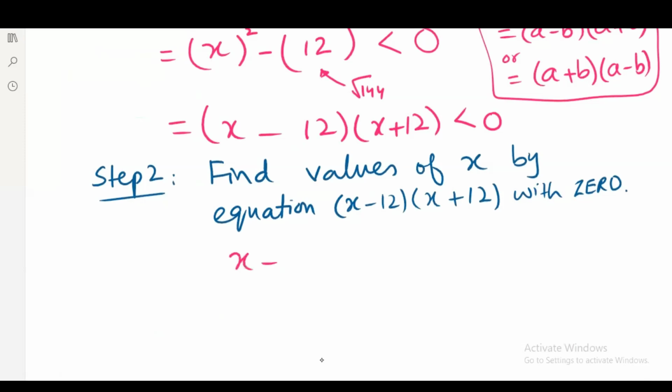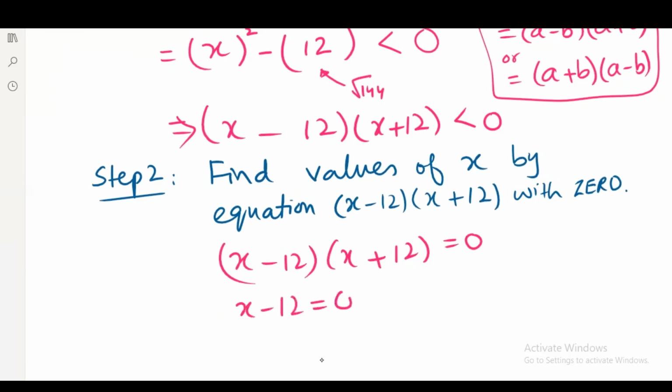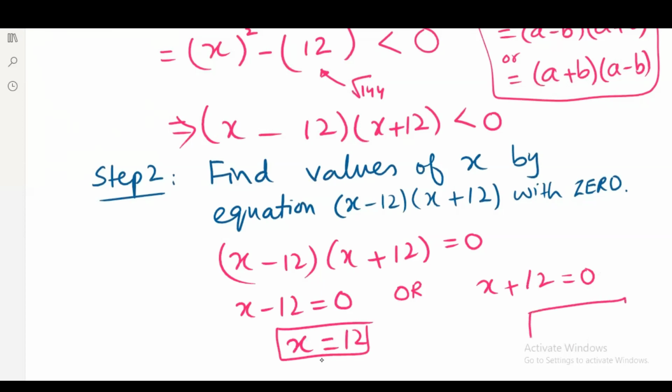So x minus 12 times x plus 12 is equal to 0. We get x minus 12 equals 0 or x plus 12 equals 0. So x equals 12 or x equals minus 12. We have two values, 12 and minus 12 here.